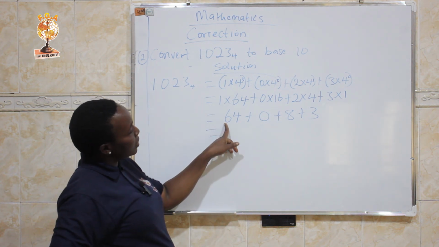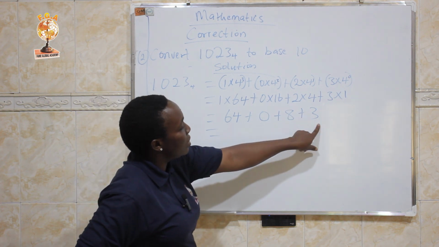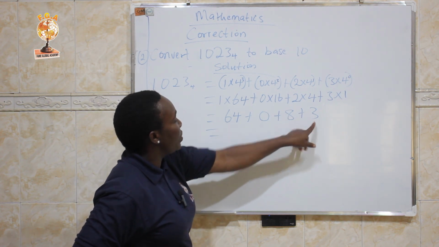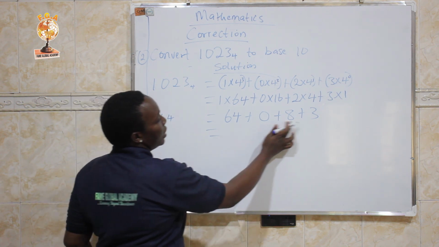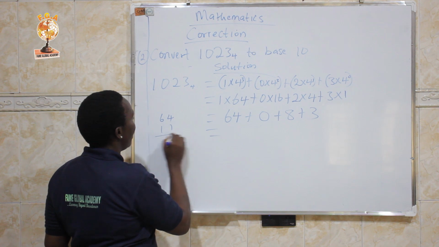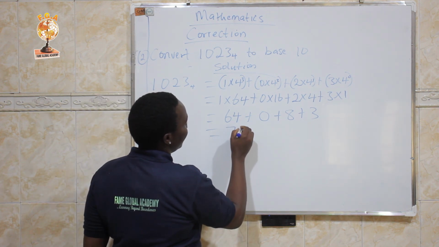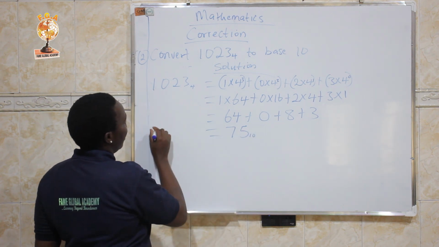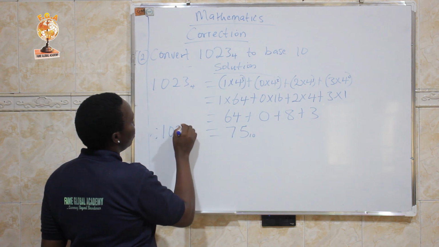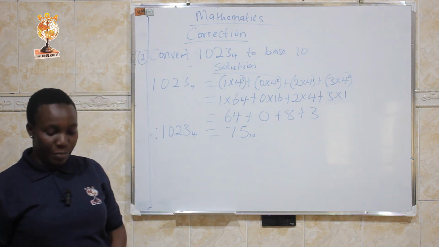We have 64 plus 8 plus 3. 8 plus 3 will give us 11, and when we add it to 64, we have 75. So our answer is 75 base 10. Therefore, 1023 base 4 is equal to 75 base 10.